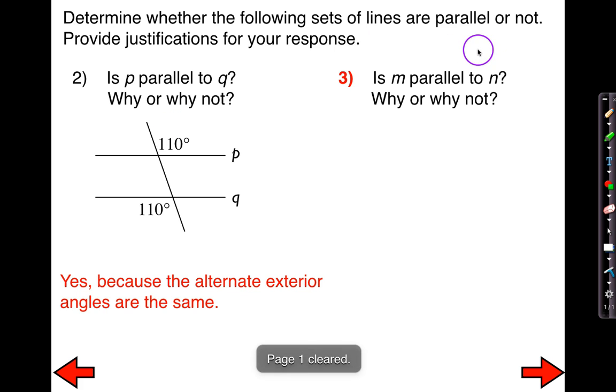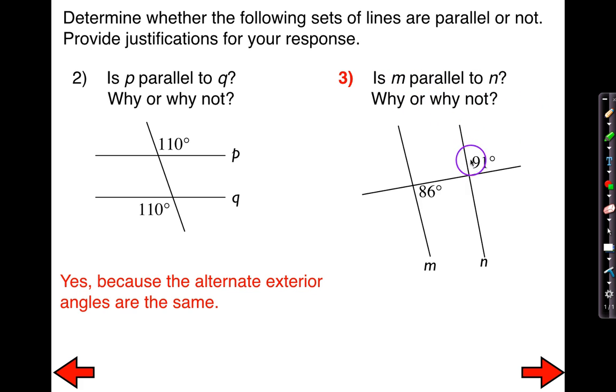So, now looking at number 3, it says, is M parallel to N? Why or why not? Well, let's see. Here, there's no relationship between this and this that I can characterize it by. So what I could do is figure out this angle right here. I'm just going to call it X for right now, because I know that X and 91 are supplementary.